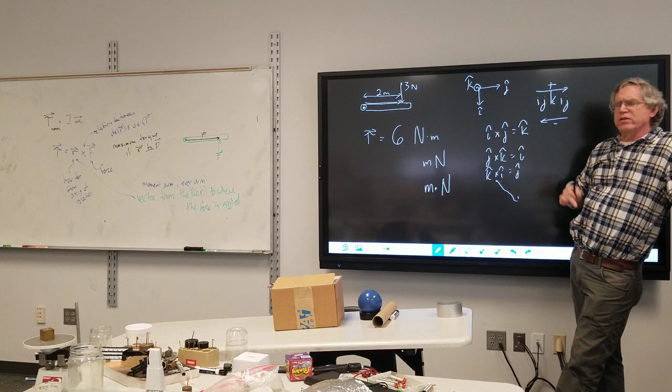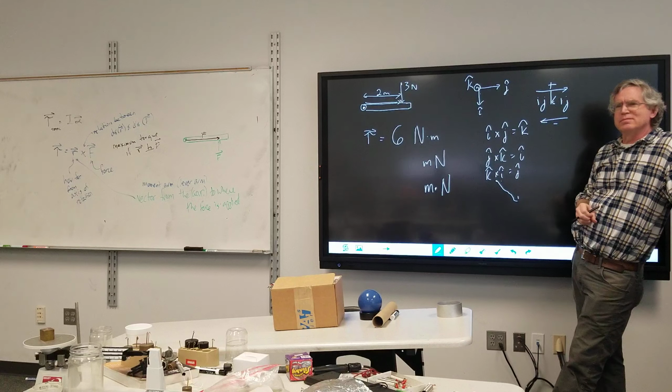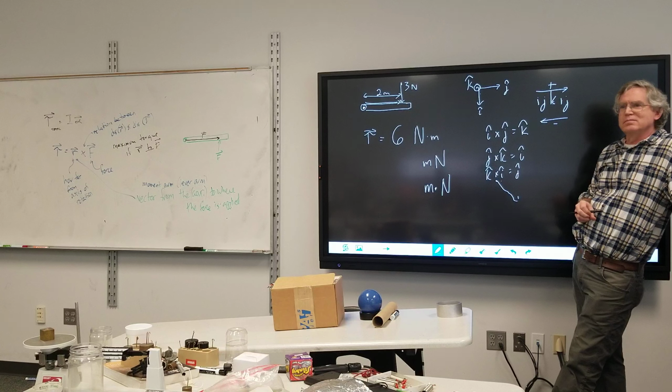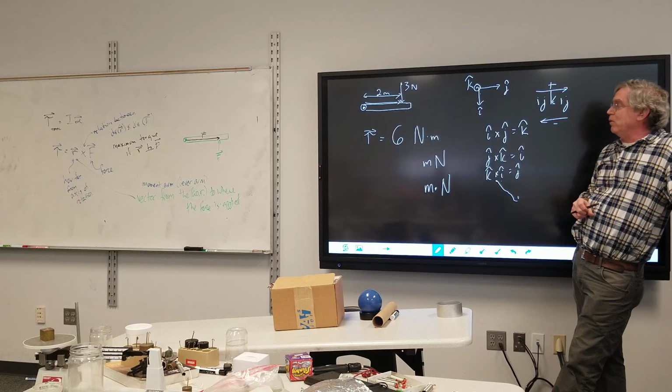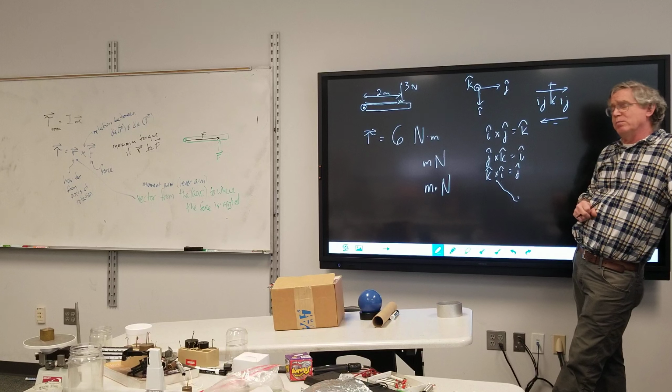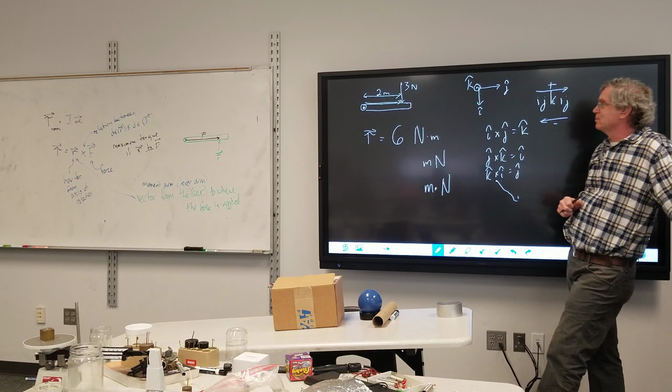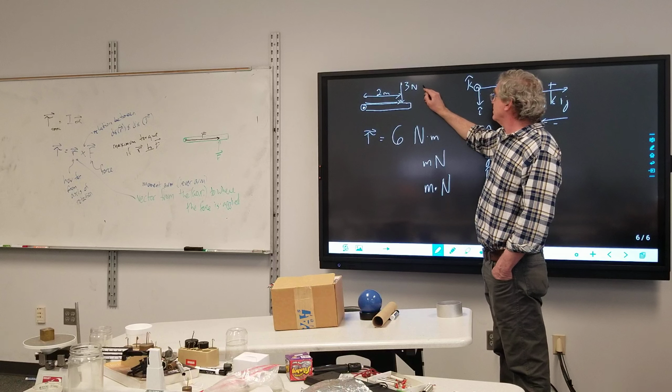All right, what is the direction of the torque? Positive i hat. It will be perpendicular to the two vectors I'm multiplying. So that's 3 newtons i hat.